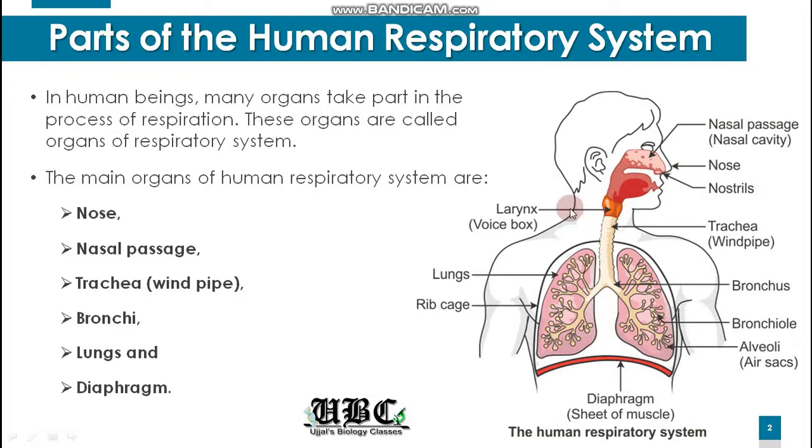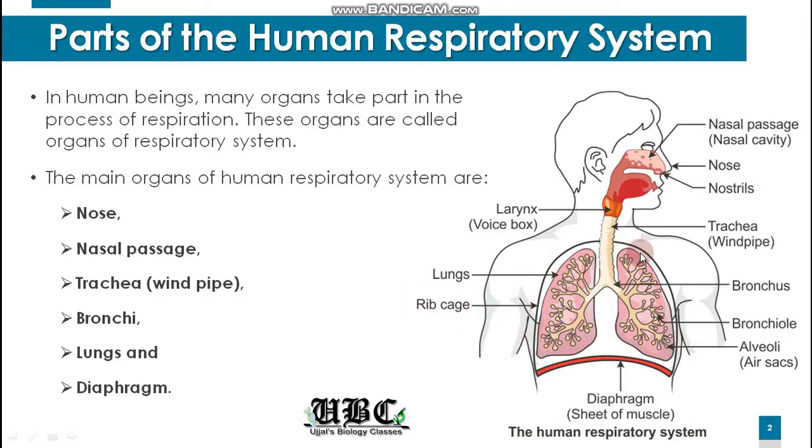The pharynx has the voice box, which is also known as the larynx. Next comes the trachea or the windpipe, which finally enters into the lungs, forming the bronchus. The bronchus further divides into bronchioles and finally into the alveoli.